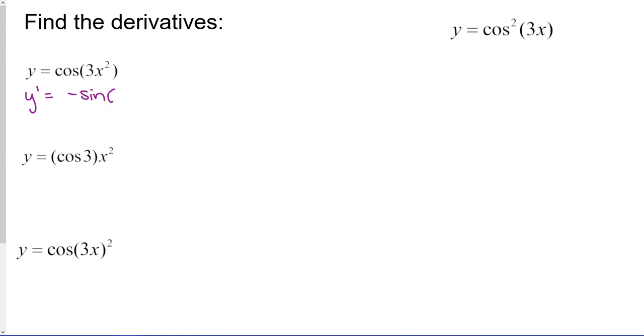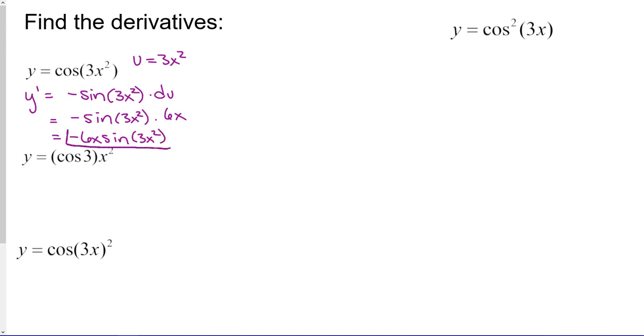We're going to keep the stuff on the inside, so 3x squared. We're going to multiply by the derivative of u. In this case, u is 3x squared. So y prime is going to be negative sine 3x squared times 6x. So our derivative is going to be negative 6x sine of 3x squared.